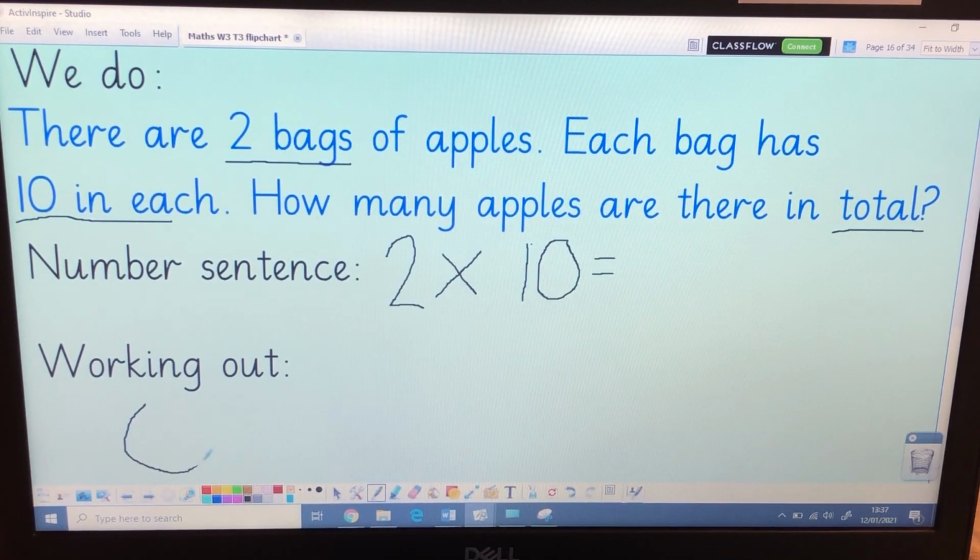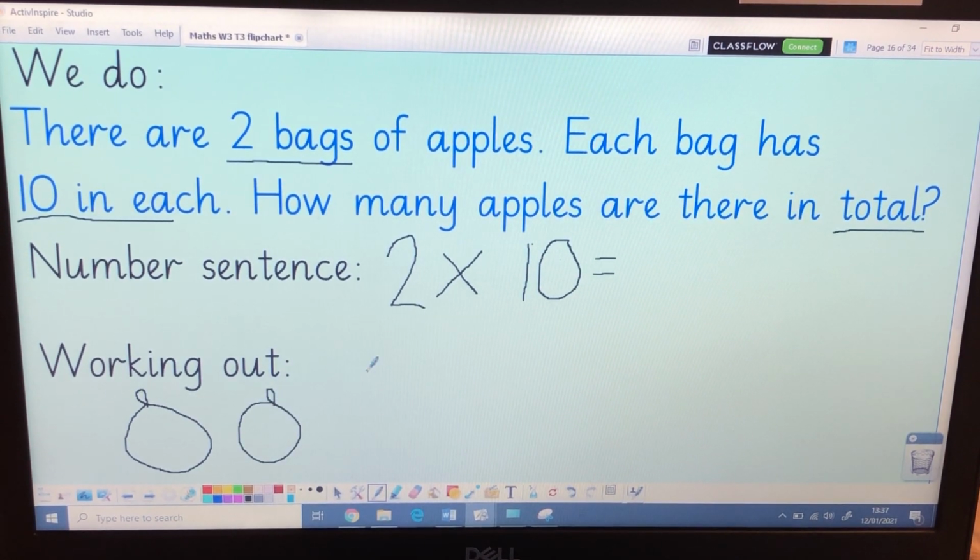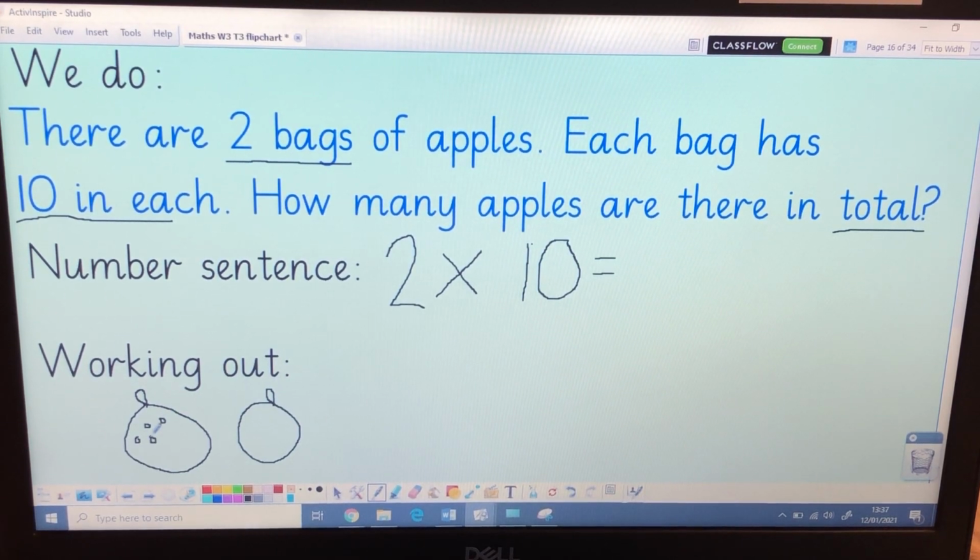So there's 1 bag of apples. There's 2 bags of apples. And we need 10 in each, don't we? So we're going to draw 10 in each. 4, 5, 6, 7, 8, 9, 10.